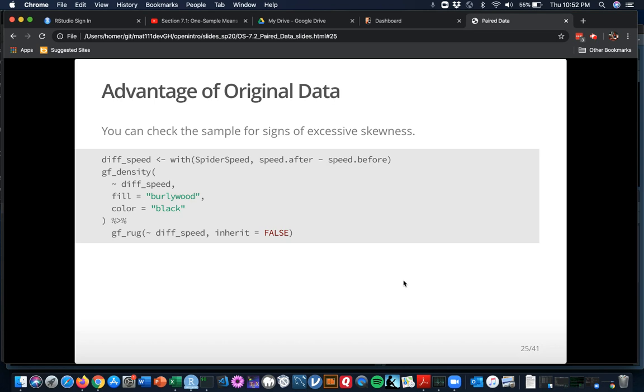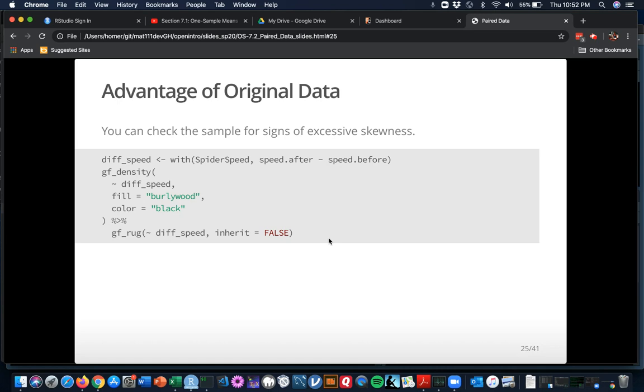But there are some advantages of having the original raw data that you don't get when you do summary data. And this is true anytime you're working in statistics. One of the advantages is that you can go ahead and look back at the original sample and check it. You can actually do the check step in a test of hypothesis. And remember the check step here.